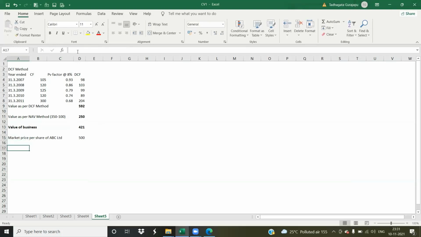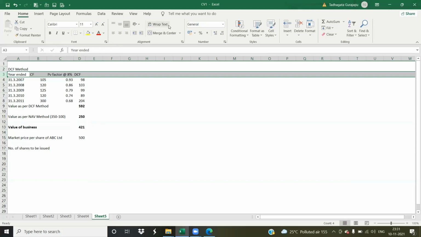So number of shares to be issued. This one I just write in lakhs.